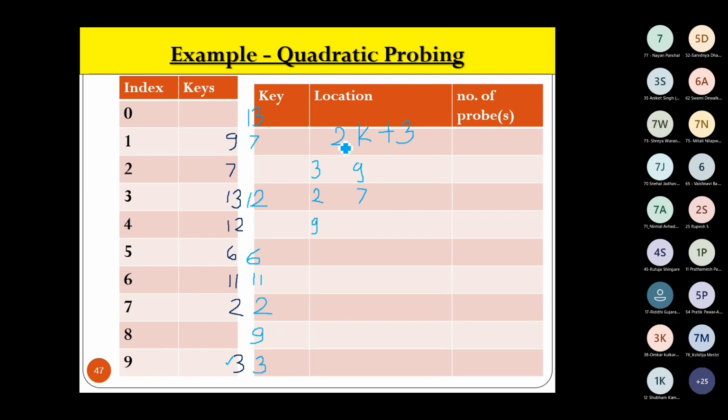So 21 mod 10, size is 10, is 1. So 9 should be located at index 1. Prathamesh, simultaneously you also check. Is it correct?